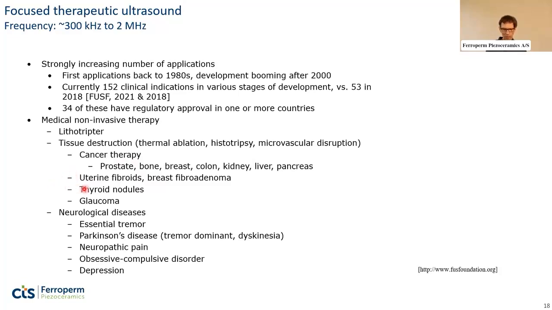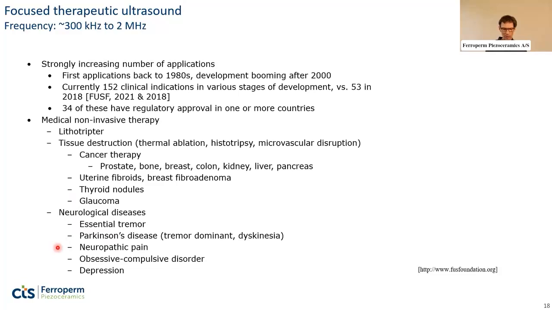We also have examples of thyroid nodules or glaucoma in the eye. Among the neurological diseases that have been looked into is essential tremor, where the patient is shaking, for example, shaking of hands. Some tremor is also seen in some cases of Parkinson's disease, and both have been treated quite successfully with focused ultrasound.